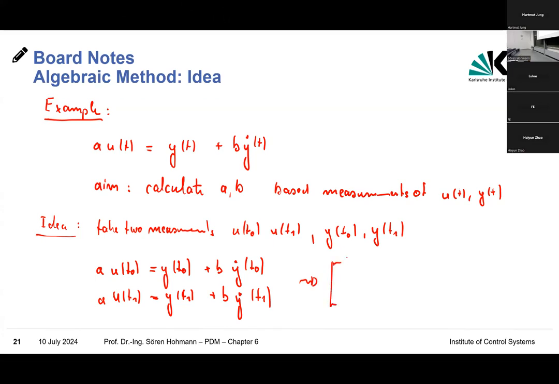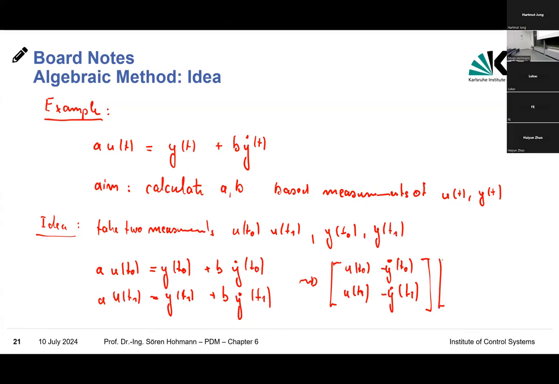Why not do it this way? y(t0) minus y dot(t0) and u(t1) minus y dot(t1). Sorry, it's a matrix. I was a little mistaken here.